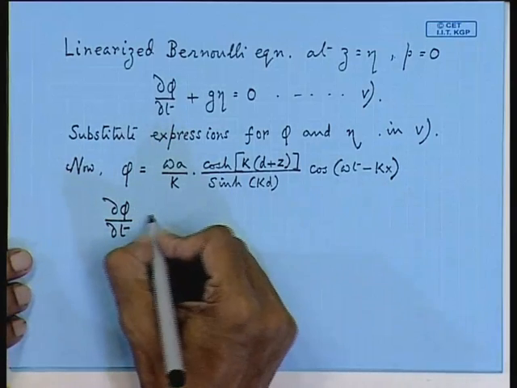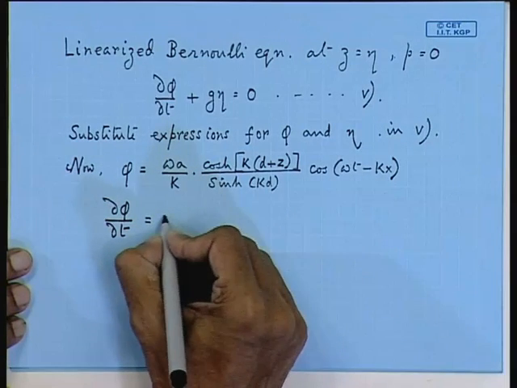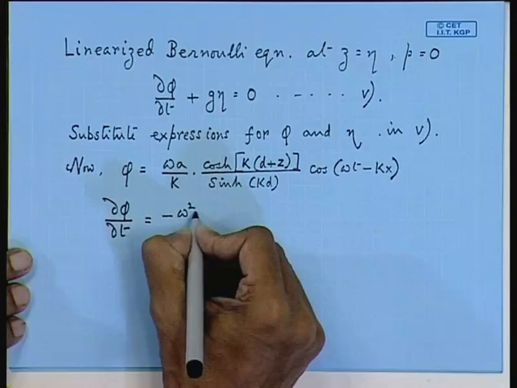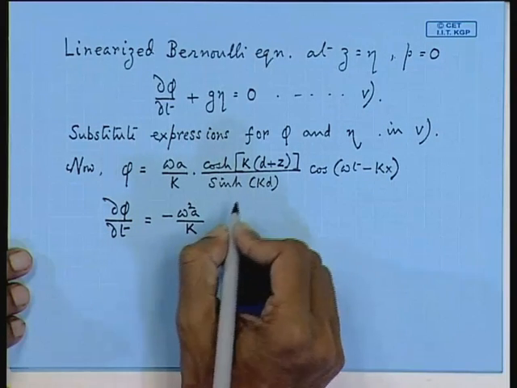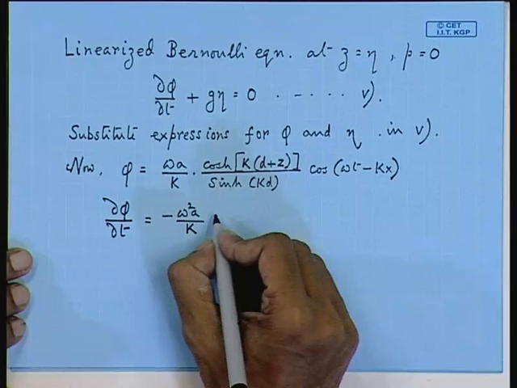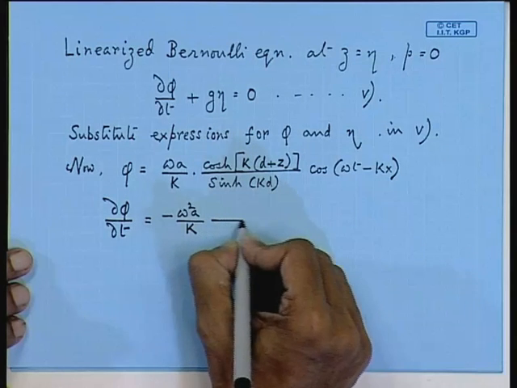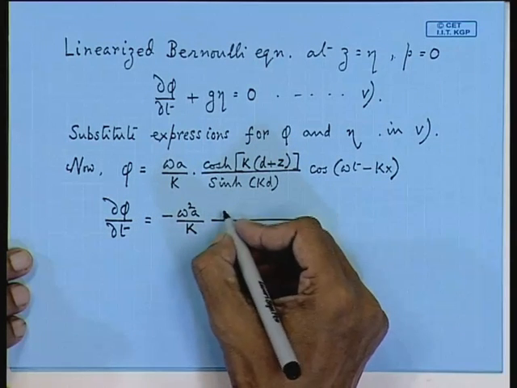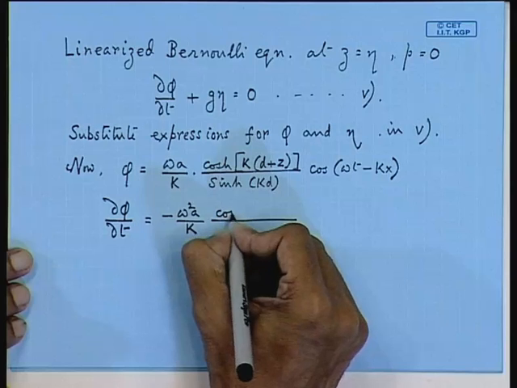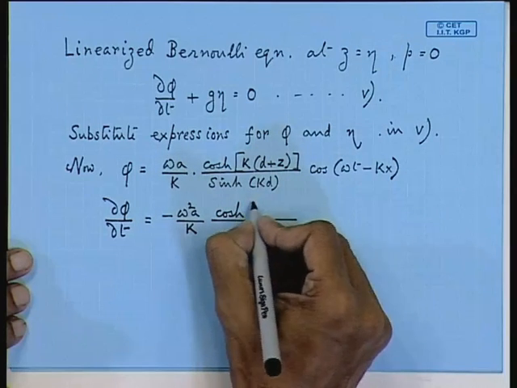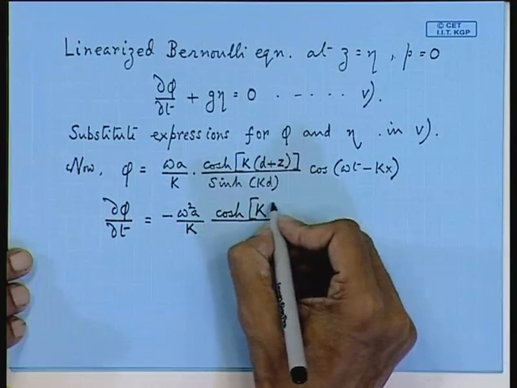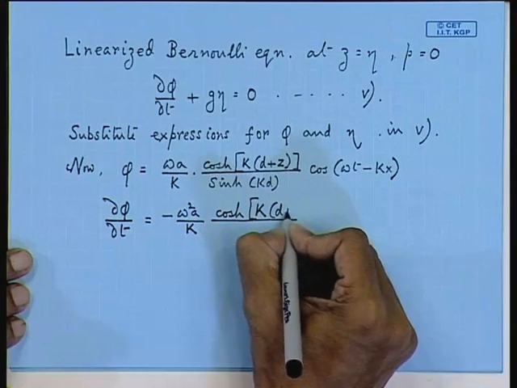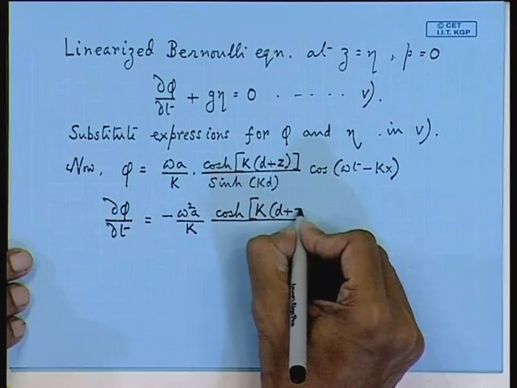This is simple. This will be minus omega square A over k, multiplied by cosh of k times d plus z.